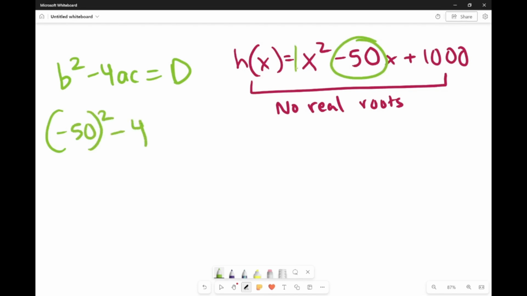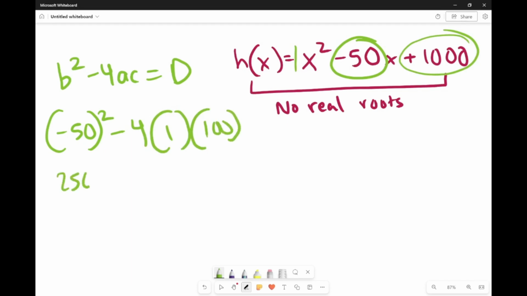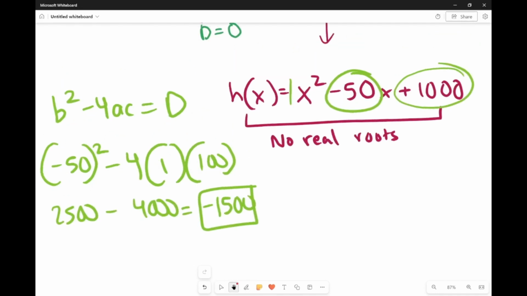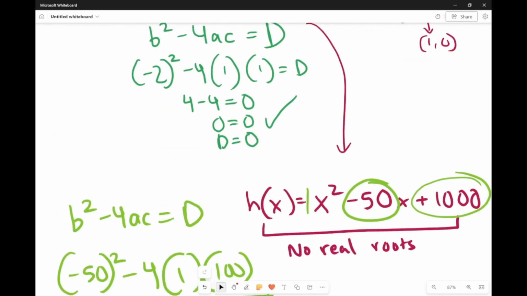Remember, there's an imaginary 1 over here. a is equal to 1, and c is equal to 1,000. And if we were to solve, let me just do some quick math over here, you will get that d is equal to negative 1,500.